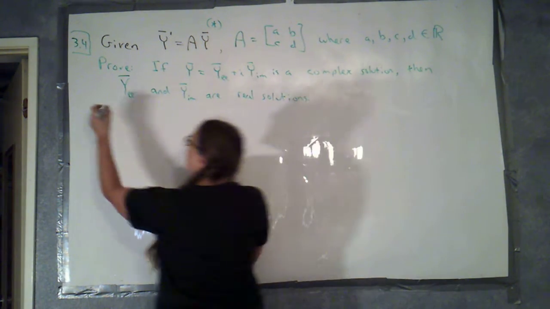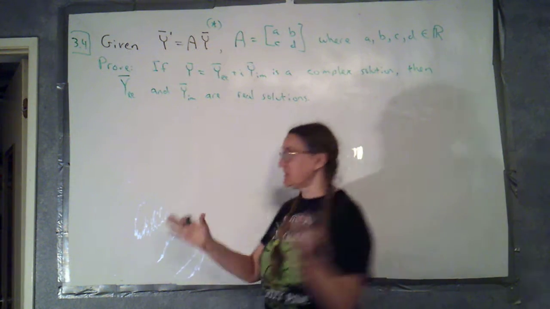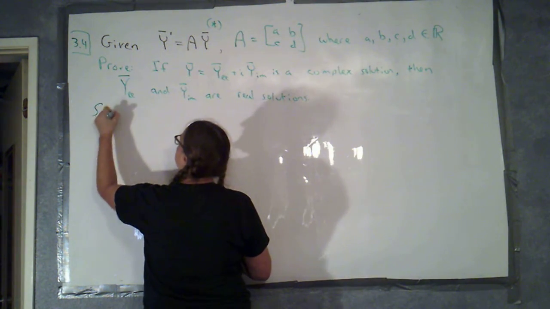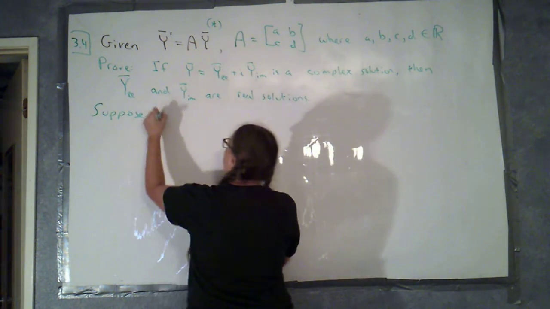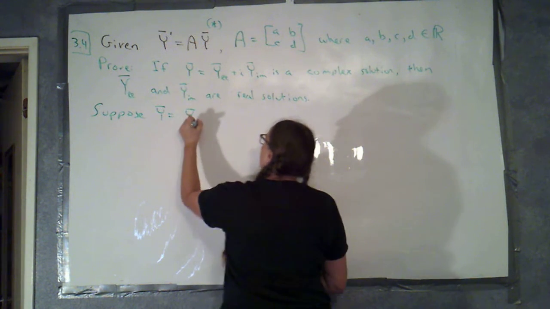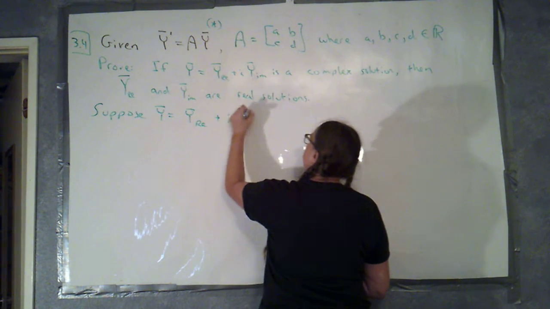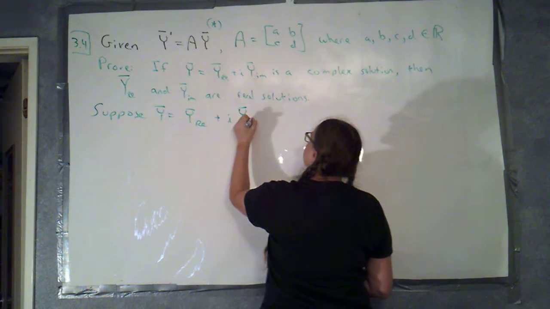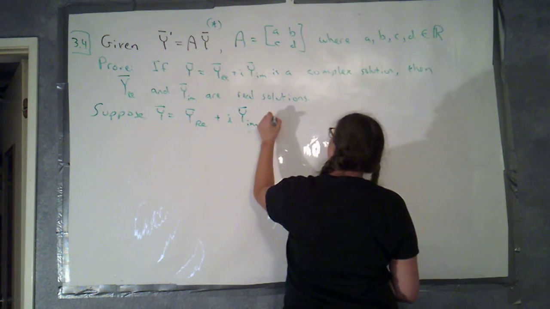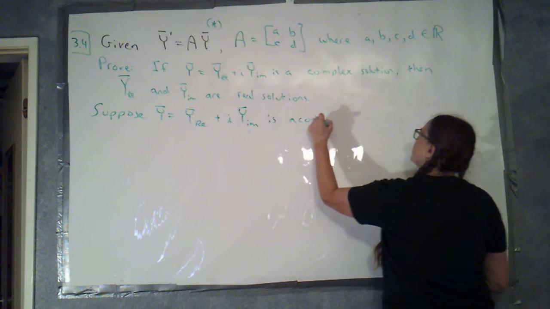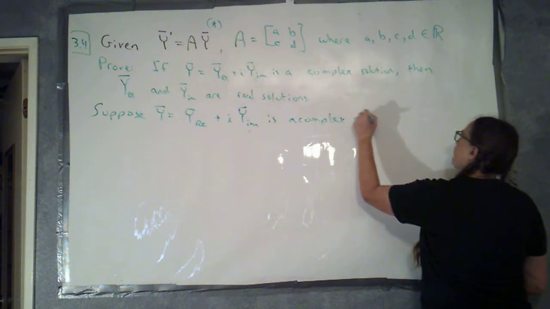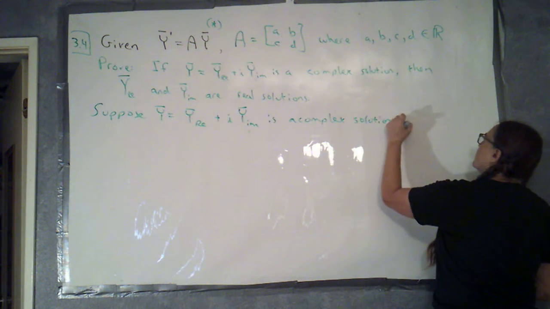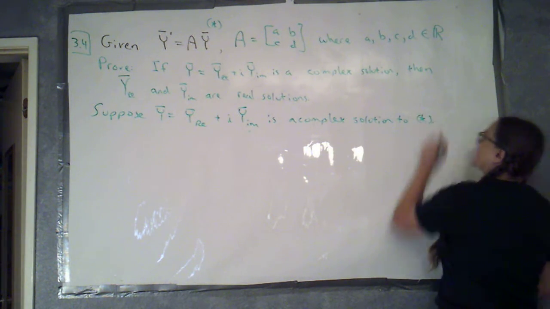Okay. So to prove an if-then, we suppose the if. So suppose that y, which is the real part plus i times the imaginary part, is a complex solution to star.